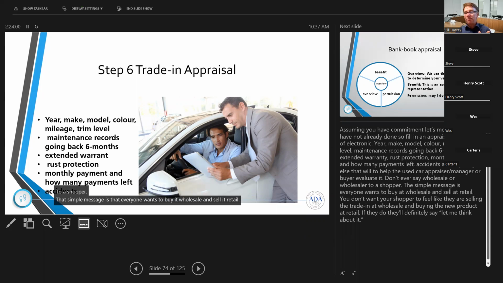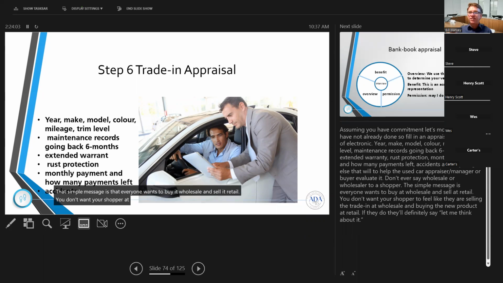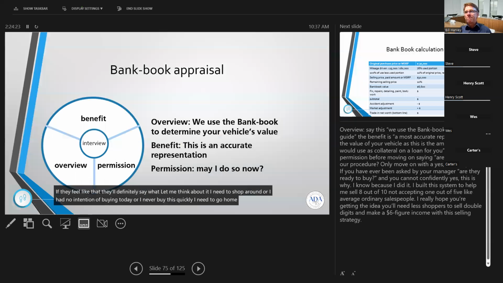You don't want your shopper, having gone through all the steps with you, to feel like they're selling their trade-in to us at wholesale and buying the new product at retail. If they feel like that, they'll say, let me think about it, I need to shop around, I had no intention of buying today, I never buy this quickly, I need to go home and sleep on it.